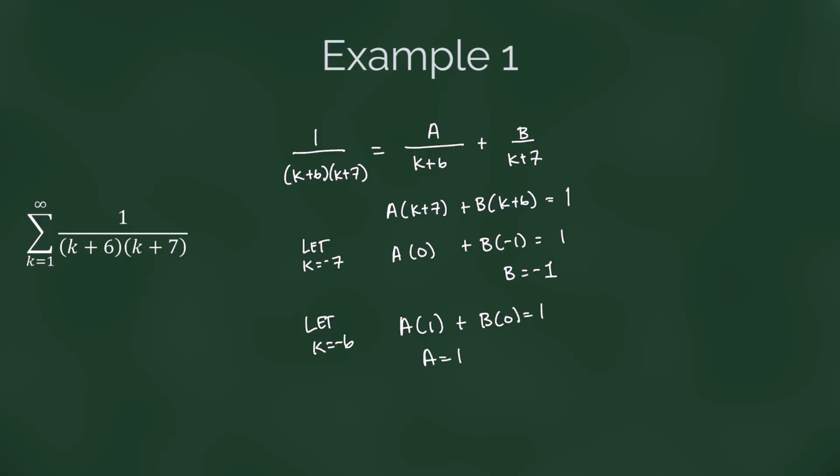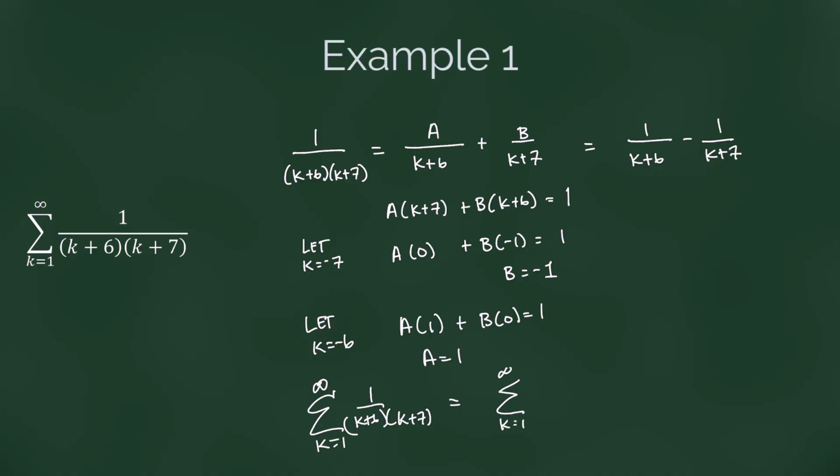So this expression now becomes 1 over k plus 6 minus 1 over k plus 7, so that our original sum, the sum from k equals 1 to infinity of 1 over k plus 6 times k plus 7, is equivalent to the sum from k equals 1 to infinity of 1 over k plus 6 minus 1 over k plus 7.